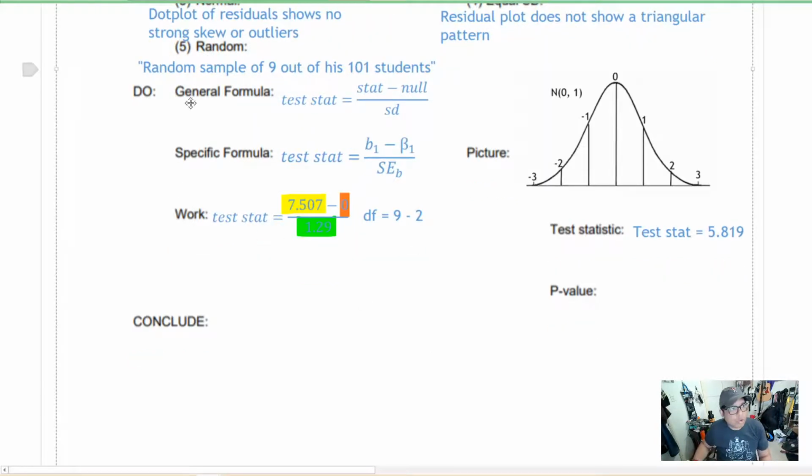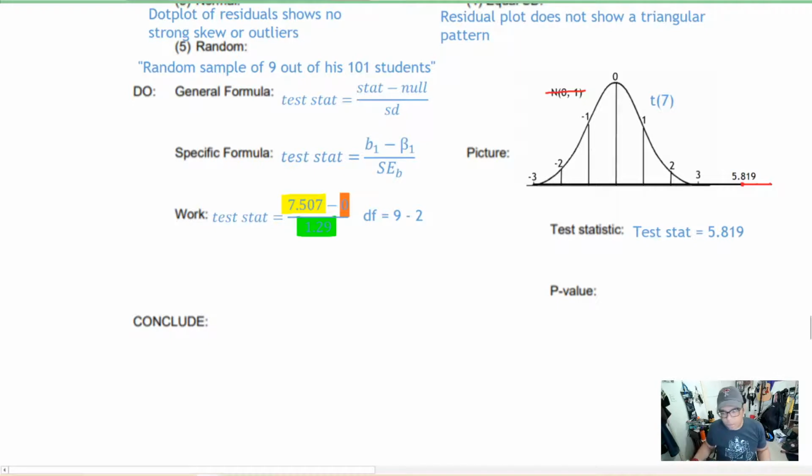Well, we just draw a normal curve, but it's not really a normal curve, so we're going to cross that out. And instead, we're going to label that a T7 curve. Now, a test statistic of positive 5 here, that's going to be way out over here on our curve. And there's going to be practically 0 area there. So that kind of gives you an indication about what our p-value is going to be.